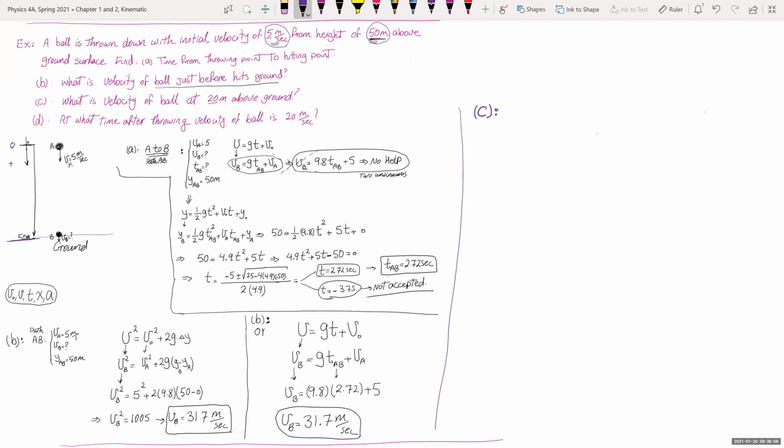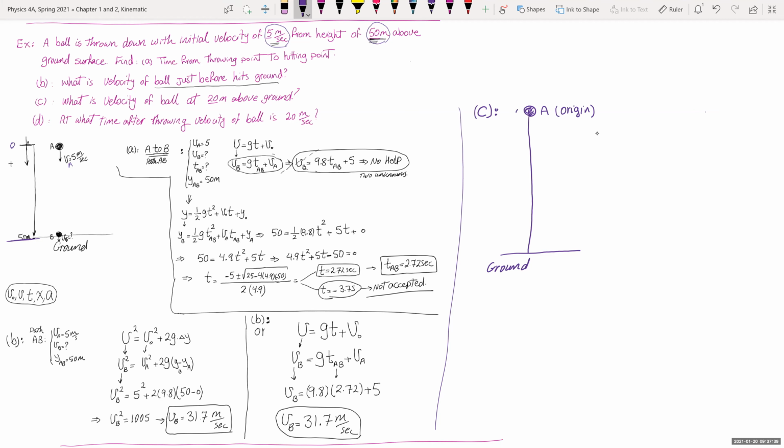All right, let's do part C. It says, what is the velocity of the ball at 20 meters above the ground? Okay, watch guys. So we throw the ball from point A, correct? And let's say here is the ground. As I said, point A is the origin. Pay attention here.